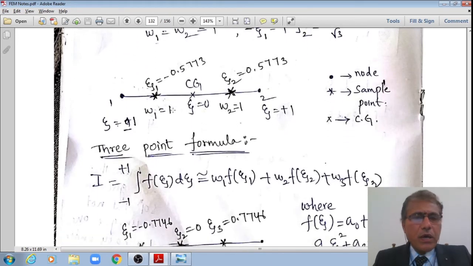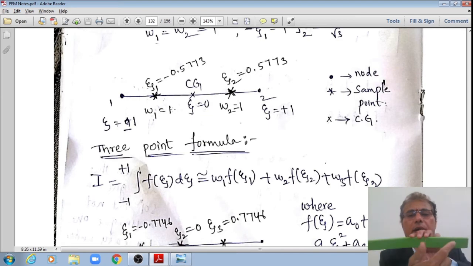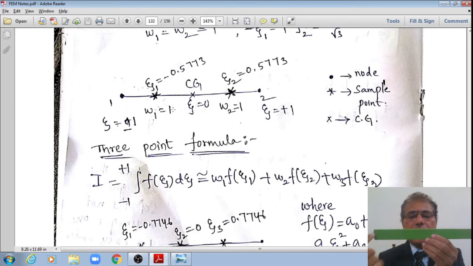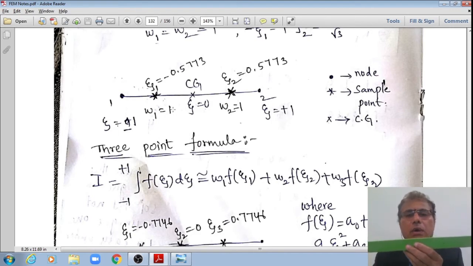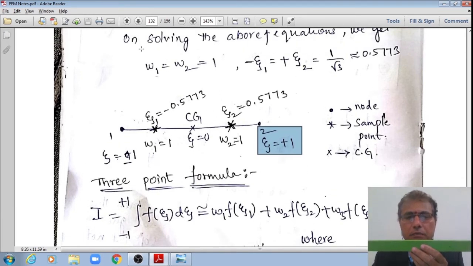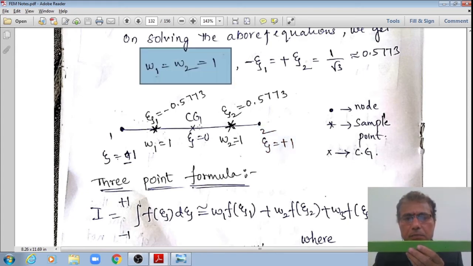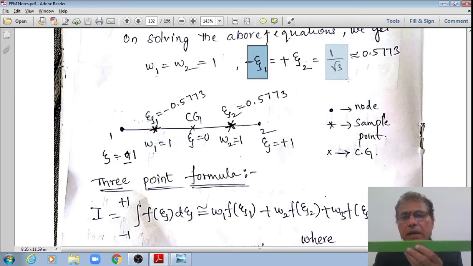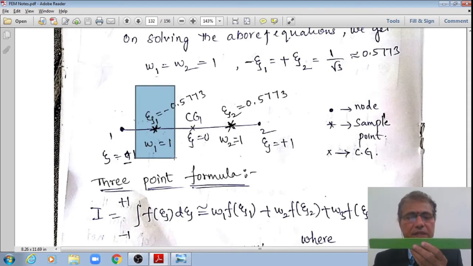Now I am showing a two noded one-dimensional element, that is a first node and the second node. Now the first node is at Xi is equal to minus 1, the second node is at Xi is equal to plus 1, right. Then in this numerical integration, we are taking W1 is equal to 1 at Xi is equal to minus 1 by root 3, that is equal to minus 0.5773, right.